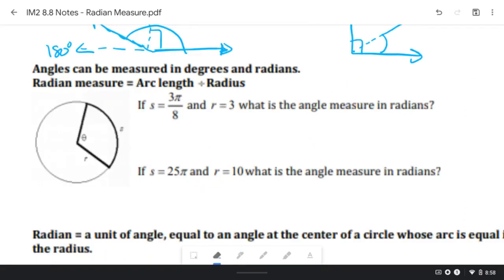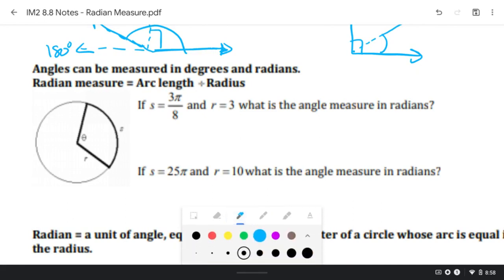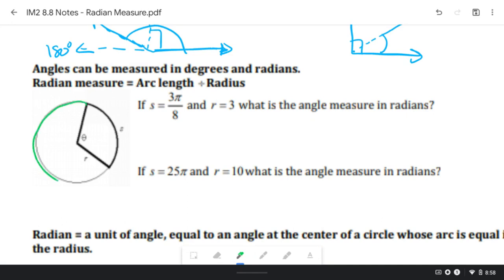All right, and angles can be measured in degrees and they can also be measured in things called radians. So a radian is similar to degrees in that it measures around a circle. So for example, a full circle is going to be 2 pi. That means half of a circle, 180 degrees, is the same thing as pi.